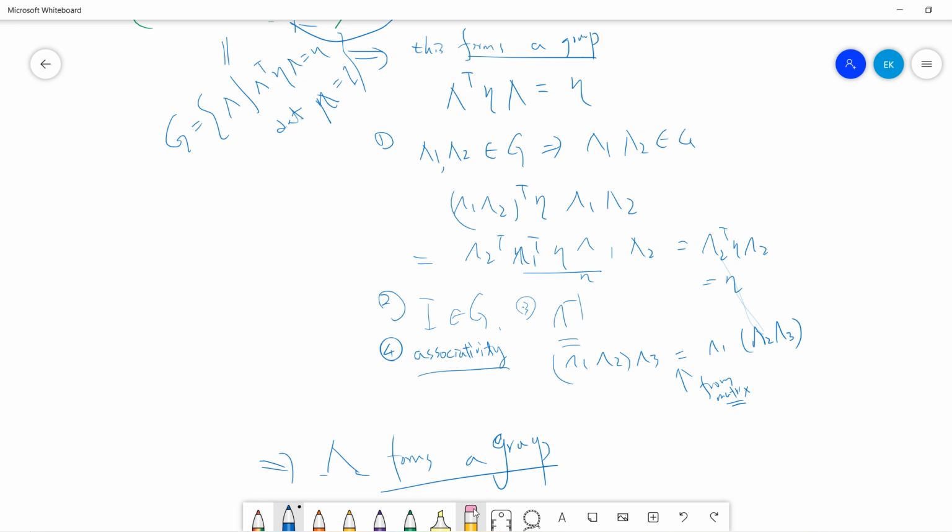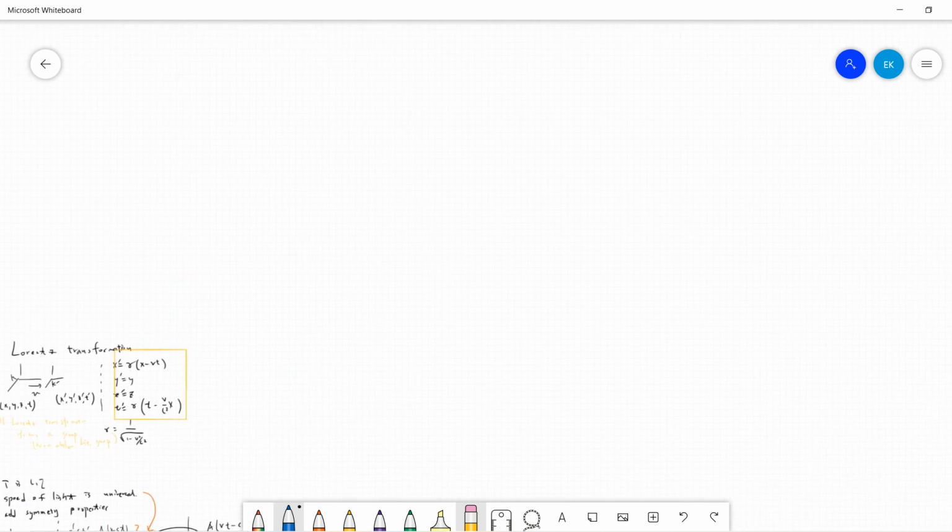Right. So you can easily check that the original Lorentz transformation that is usually used in general physics satisfies this property. Basically, the distance in the pseudo manifold is fixed. Okay, so that's a quick introduction to the Lorentz group.